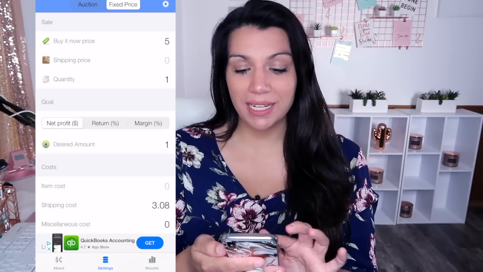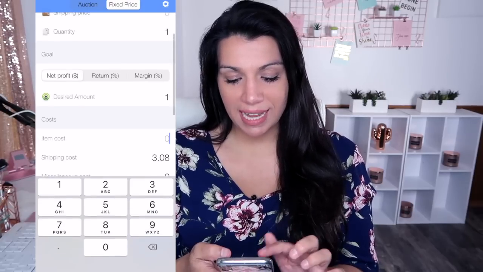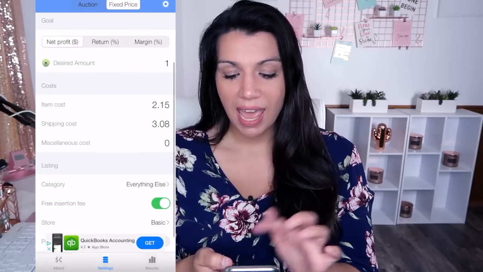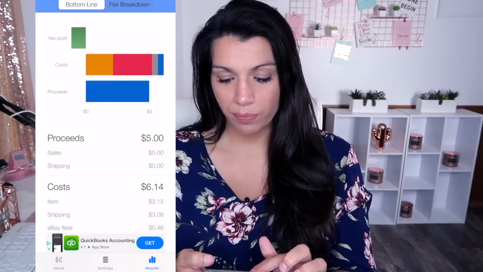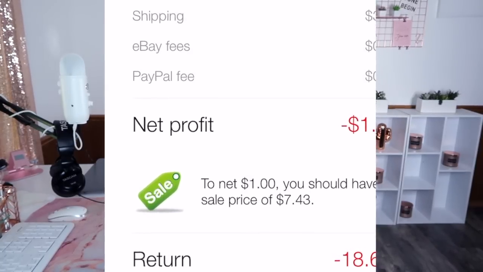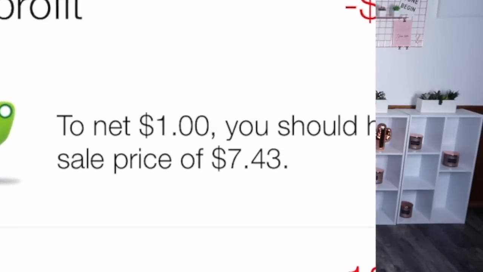So just because we're doing an example, I'm going to say a buy it now price of $5. I'm going to say an item cost of $2.15, estimated shipping cost of $3.08. Let's take a look at our results. So this actually tells us if you want to net $1, you should have a sale price of $7.43.